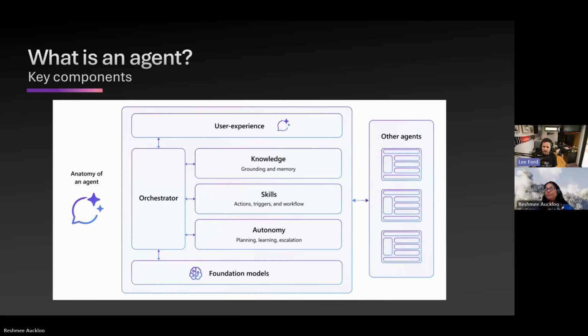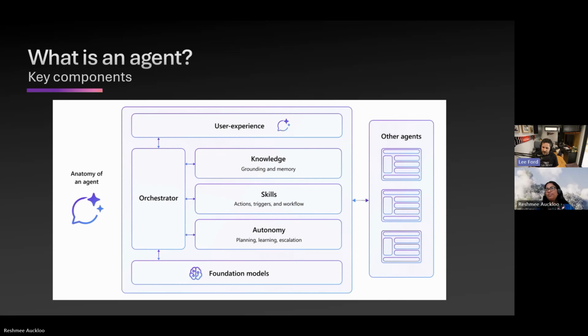So when it comes to what an agent is, this is Microsoft's definition from a graphical point of view. We have the foundational models at the bottom, so that's your GPT, that's your Claude, and then on the left the orchestrator. That's the brains, really. That's the bit that knows when to call which tool, when to call an API.